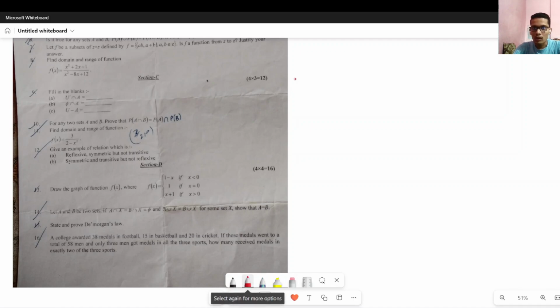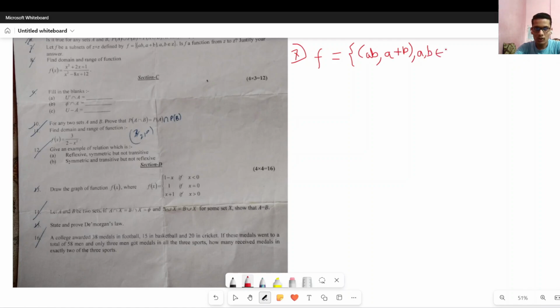Okay, so question number 7 says there is a relation given on the same set, that is Z cross Z, and the relation is defined as f equals the elements in order where the first element is ab, and then the next element is a plus b, and a comma b belongs to the set Z, which we can take as the set of integers.